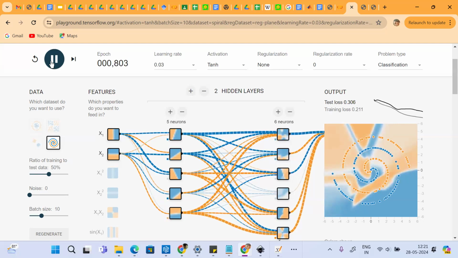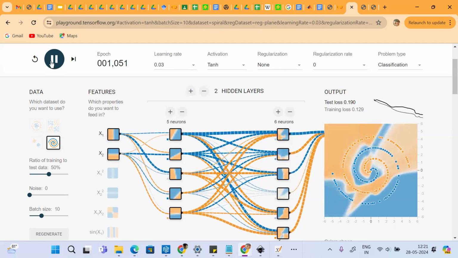It's not that easy. It is very simple data, just arranged in a spiral way, but even a neural network is not able to do it easily. You have to find which configuration works, how many hidden layers. Maybe you have to increase the number of hidden layers.